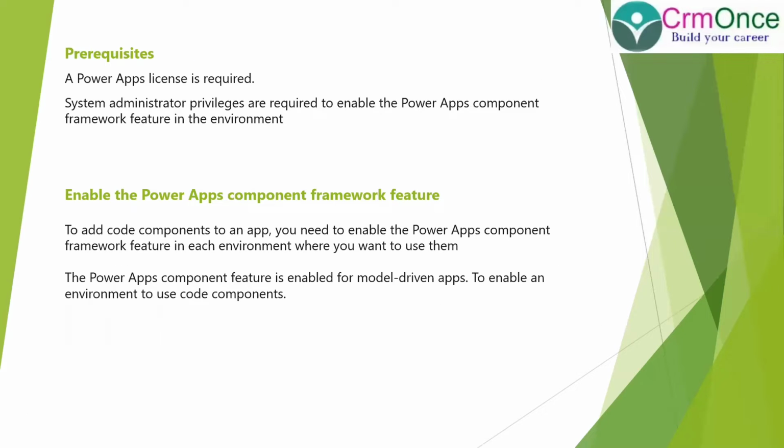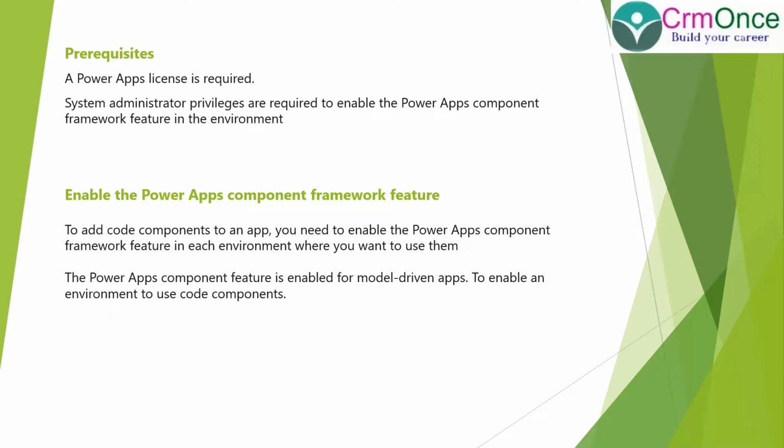If you want to use the code components in your Canvas app, the first thing is that you need a Power Apps license. The other thing is that system administrator privileges are required to enable the code components for Canvas apps in your environment.